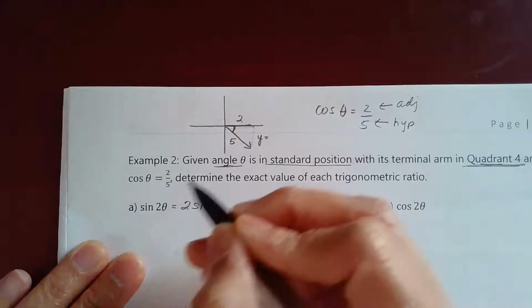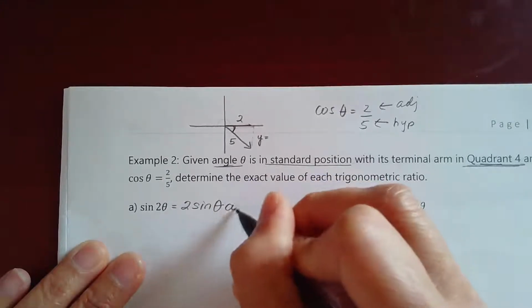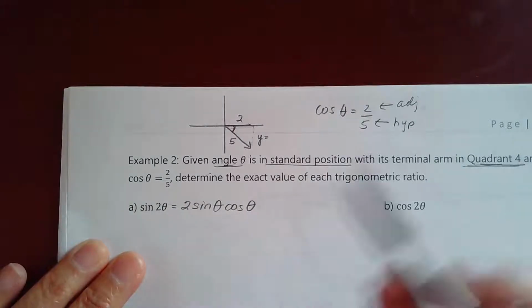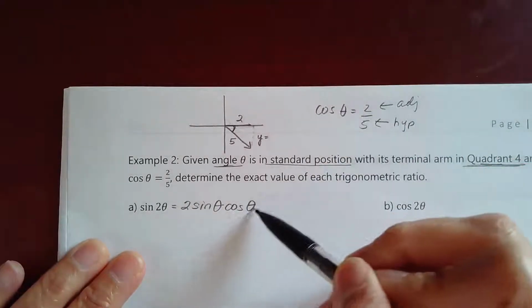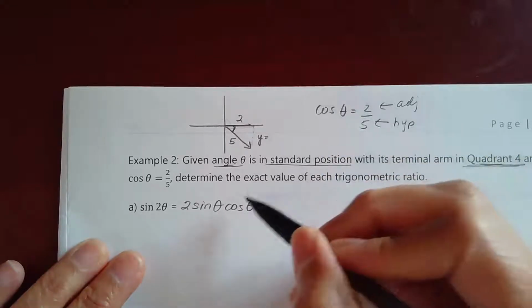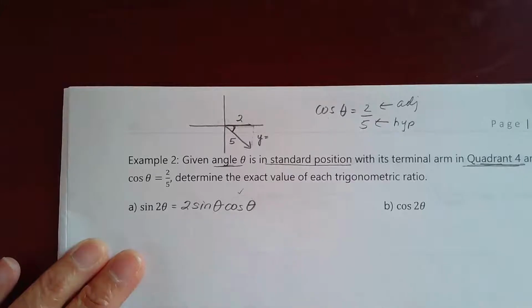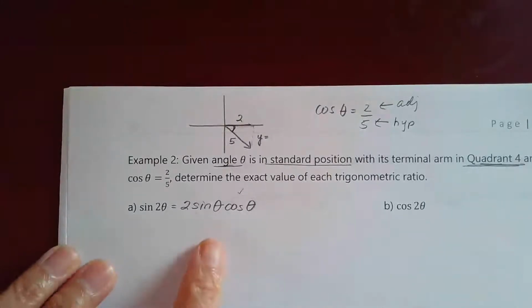Instead of alpha, they use theta, so I'm going to use theta: 2 sine theta cos theta. We do have the value for cos theta, 2/5, but we don't have sine theta. So what do we do? We've got to figure that out.